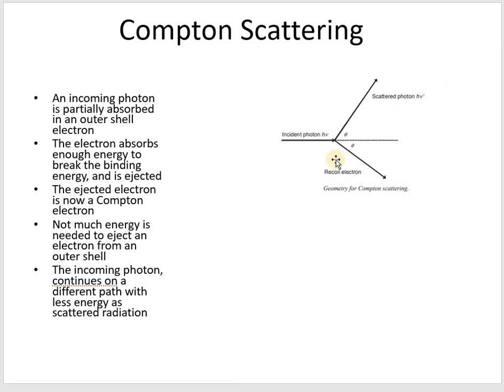The recoil Compton electron is ejected out at an angle psi with a kinetic energy, the remaining energy. So the energy here plus the energy here should be equivalent to the initial energy.